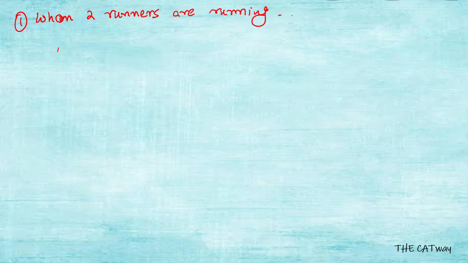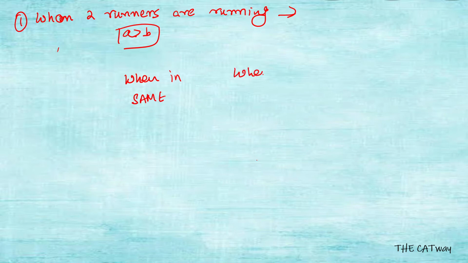The first case we are going to talk about is when two runners are running. We will consider that the speed of A is greater than B, and the two runners are A and B. Let us make the table: when in same direction, and when in opposite direction.